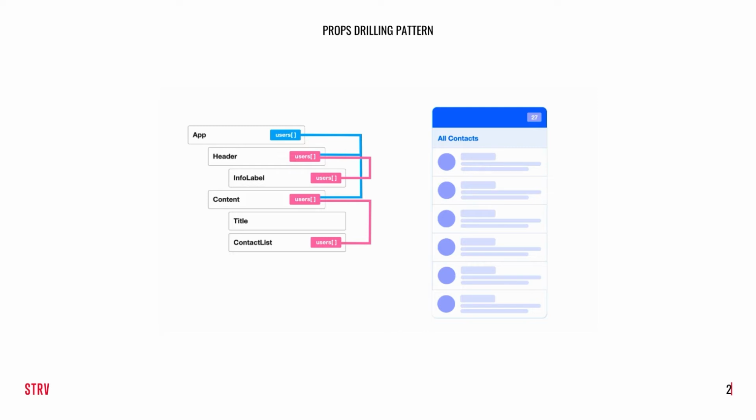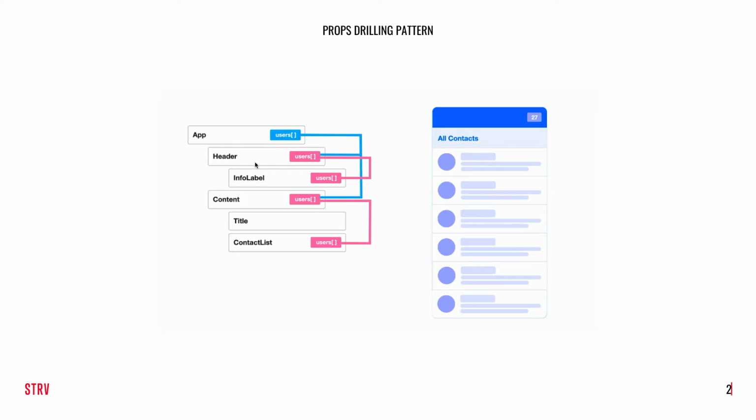What does it mean? It means that we have a source of data, and usually it's on some top level. So for example, here we have our source of users on the very top level in app. And in order to get data into a component deeper in the tree, we have to drill the props through every single level.